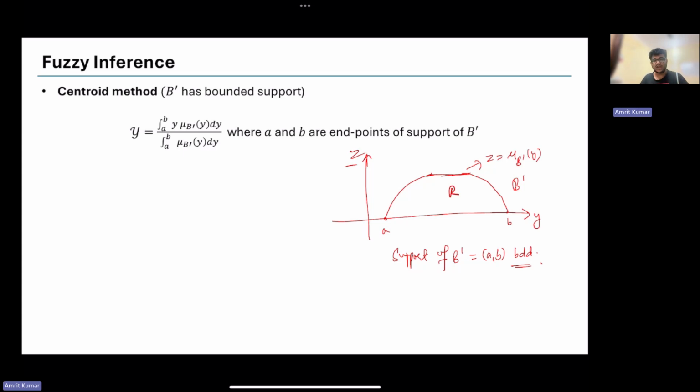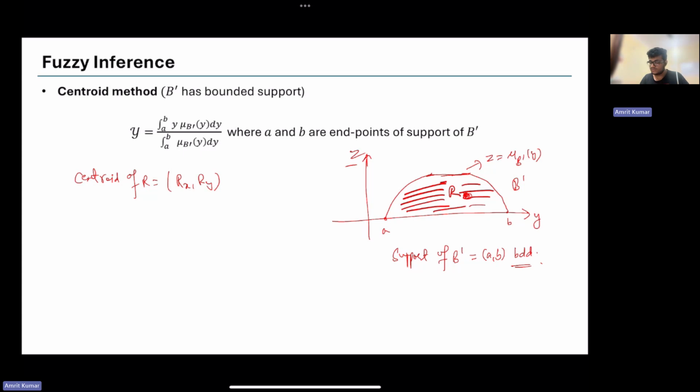Now this region R, we can compute the centroid of this region. Suppose the centroid of R gives you Rx comma Ry, and it lies somewhere here.